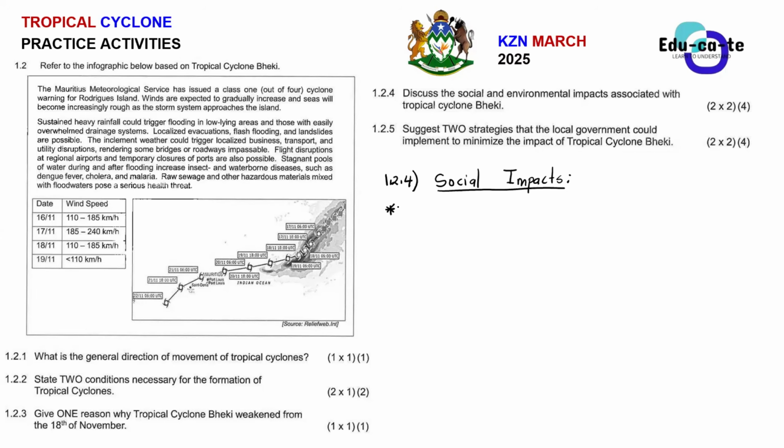Okay, so let us now answer the social impacts. We want to discuss basically what actually affected us as people. You started with what, Sam? Let's hear. Damage to infrastructure, sir. Okay, did it affect us? You need to link it back to us.